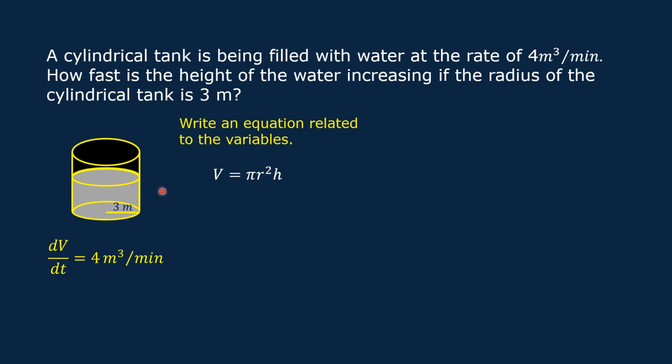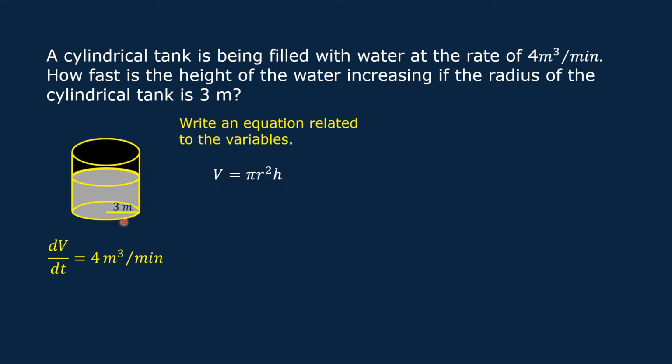Before differentiating both sides of this formula, we must first substitute 3, the length of the radius of the cylindrical tank, because in the problem 3 is constant. It is constant because the cylindrical tank in the problem will not increase or decrease in size.